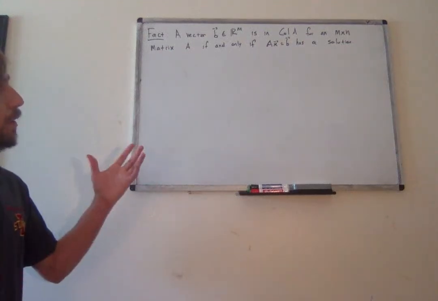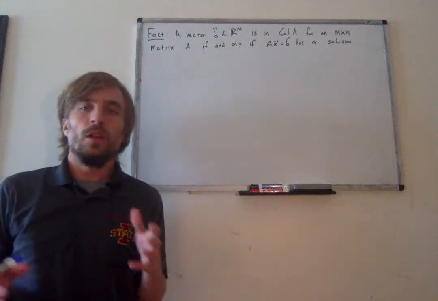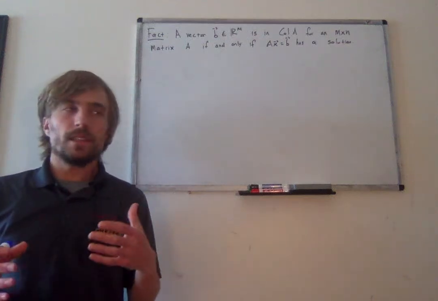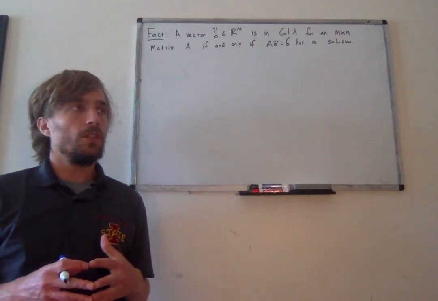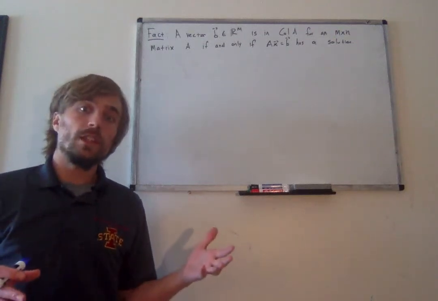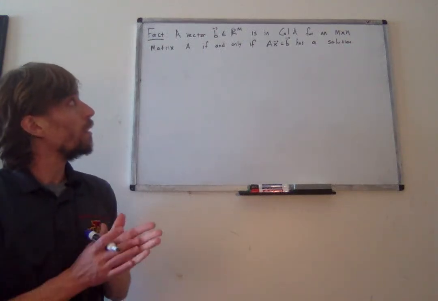We saw from the previous example why this is true. Remember, we're just asking, is this vector a linear combination of the columns of A, which we had already previously seen was equivalent to this having a solution.